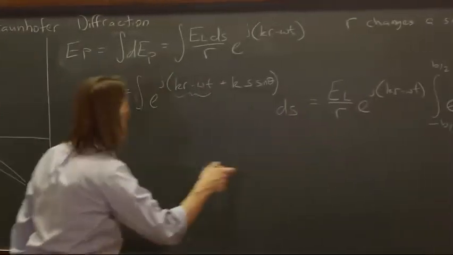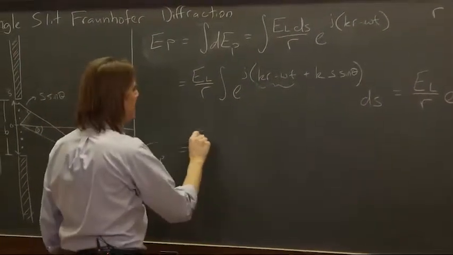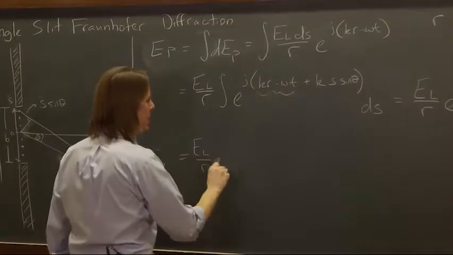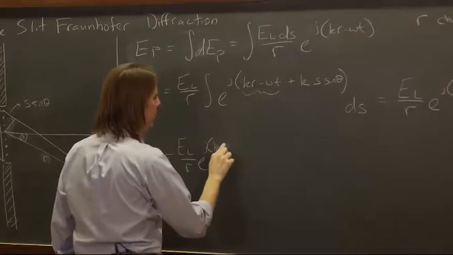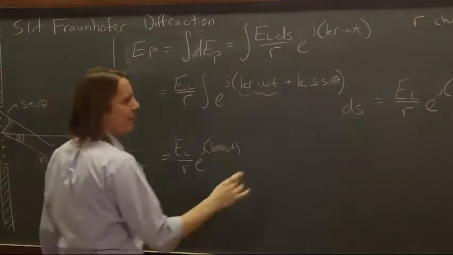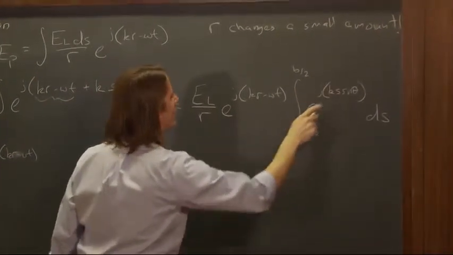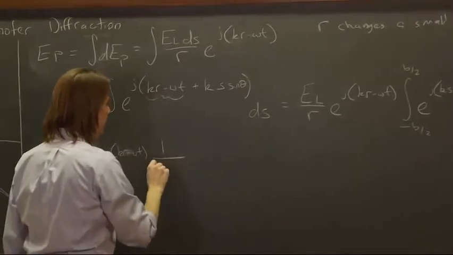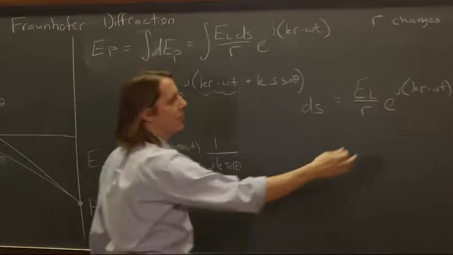So let's now take this integral, all the constant parts, E L over r, e to the j kr minus omega t. And if we integrate, we just divide by j k sine theta, 1 over j k sine theta, because we're essentially integrating just e to the x.